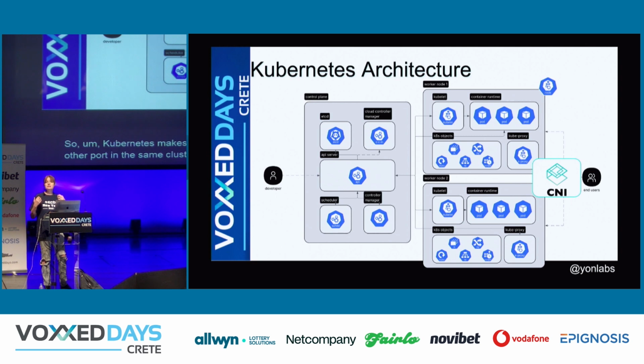How does it happen? Basically, overlay networks. So we need some sort of a network provider which guarantees and provides these capabilities. We have several CNI providers. Most famous one, I think, it's like Flannel, Cilium, and so on.